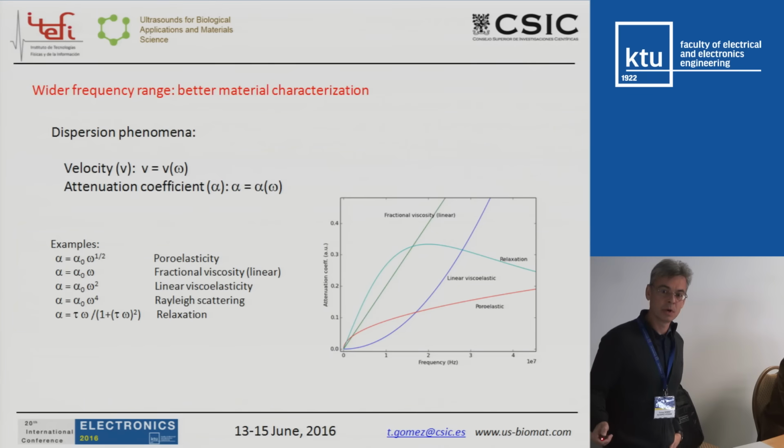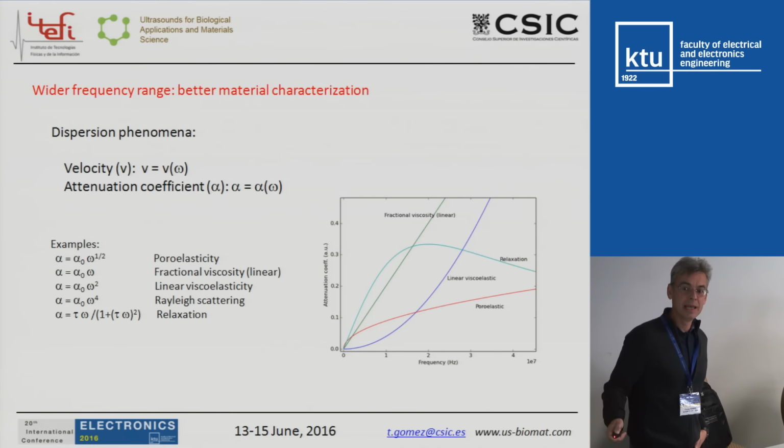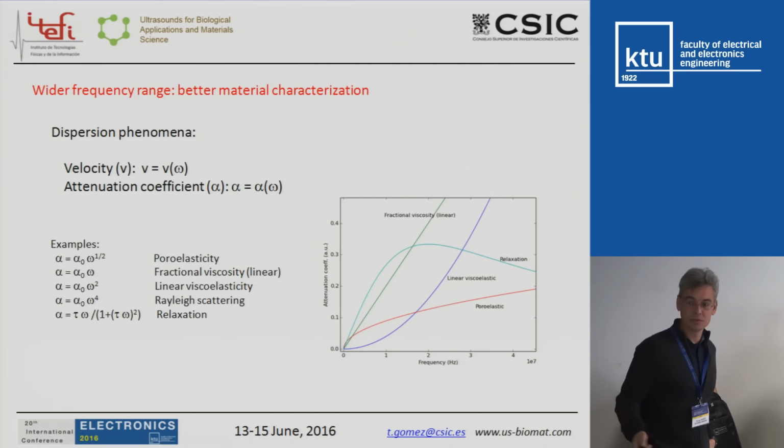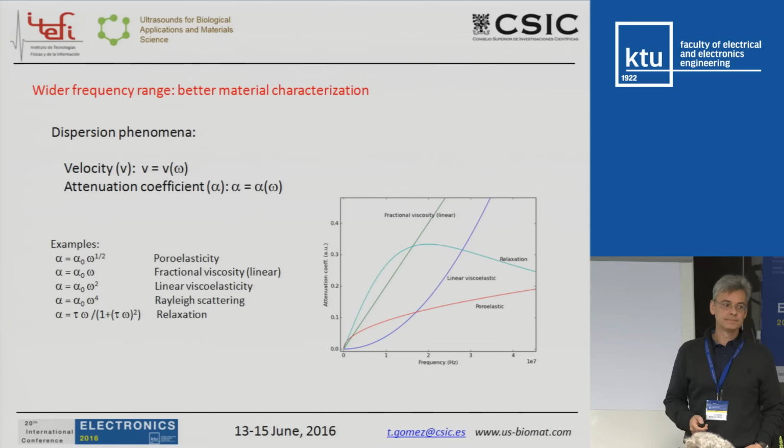For example, if it is a poroelastic medium, the attenuation will follow this law. A linear fractional viscosity is something like this. This will be linear viscosity, Rayleigh scattering, and relaxation. These are the different graphs, and if the bandwidth is large enough, I will be able to determine the dependency of the attenuation on the frequency, and I will know what kind of material I'm dealing with.